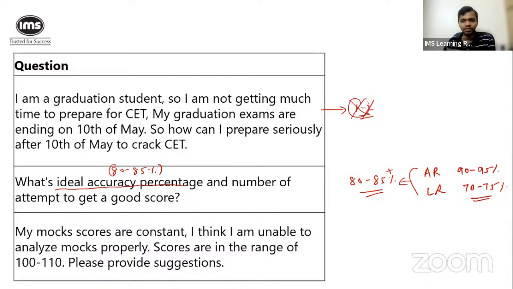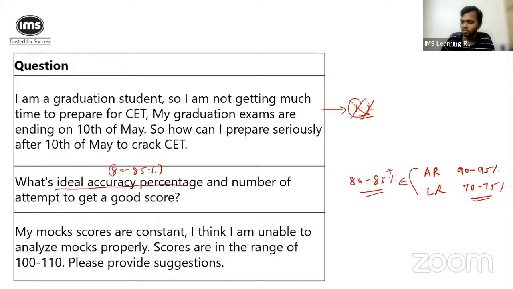And out of 25 questions, let's say I have got 90% accuracy. So I'm about 22. Out of 75 questions in LR, let's say I get 70% accuracy, right? So I'm somewhere around 52, 53, right? Something like that. So 52, 53 plus if I'm getting 22, right? I'm getting to around 75, okay?